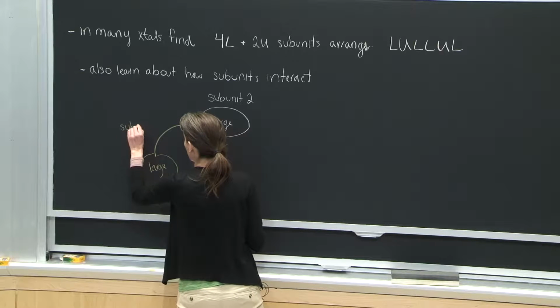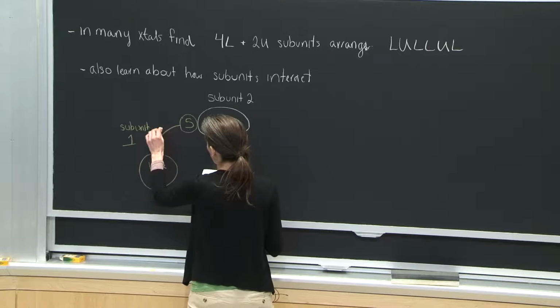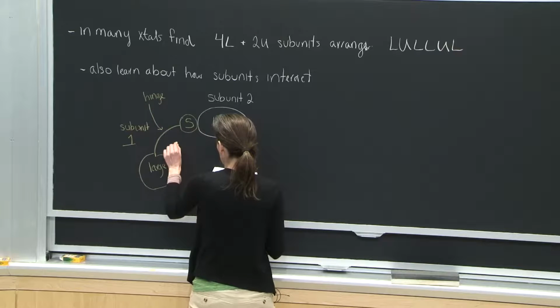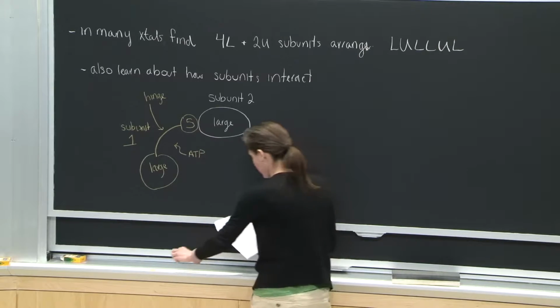So let's call this subunit 1. Okay, so here's our hinge of subunit 1. Okay. And ATP binding happens in here. Okay. So we can think about this arrangement.